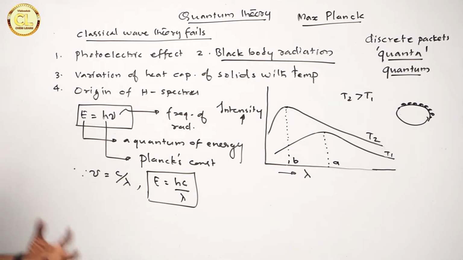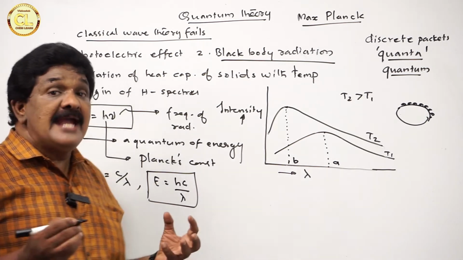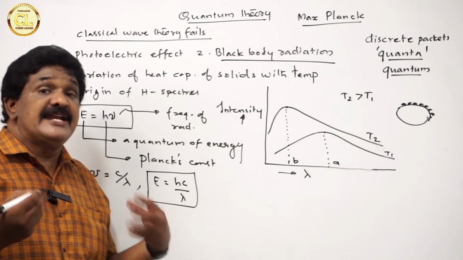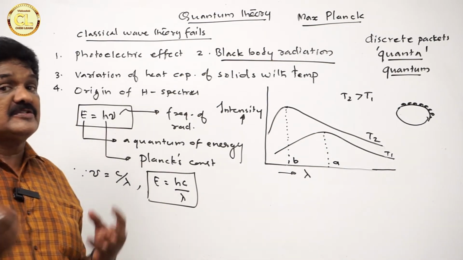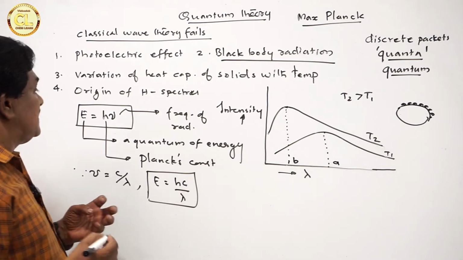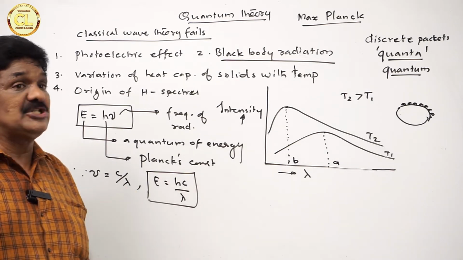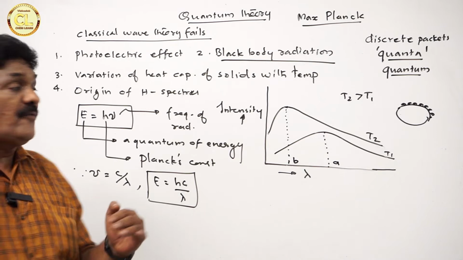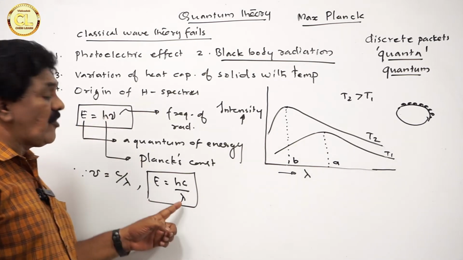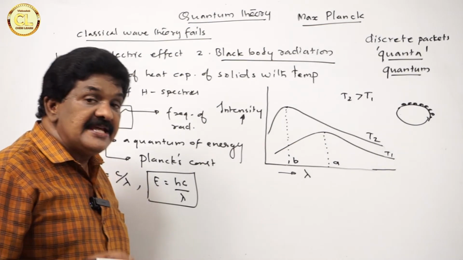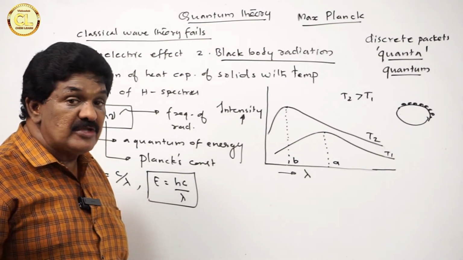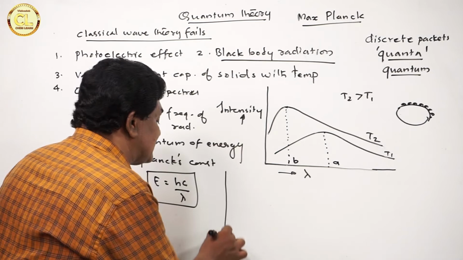Therefore, Max Planck explained the energy of radiations in terms of small packets that may change with the change in temperature as a function of frequency or wavelengths. Quantum theory can be explained by comparing with a standing staircase.